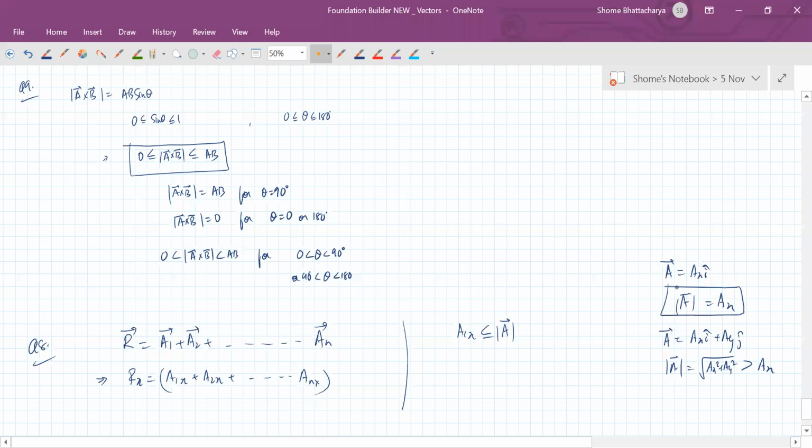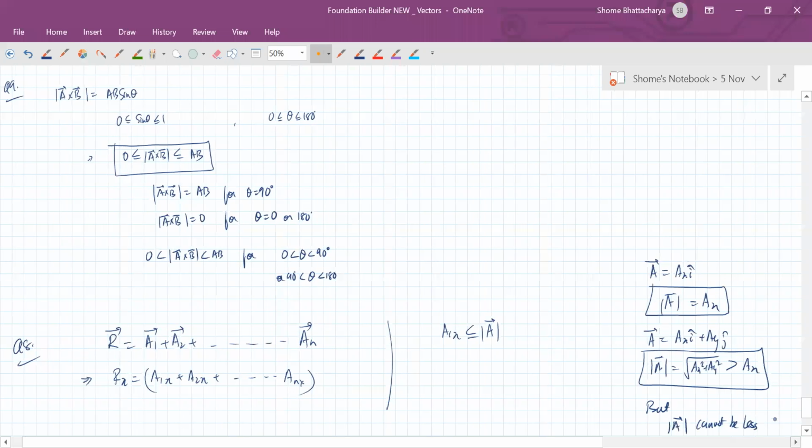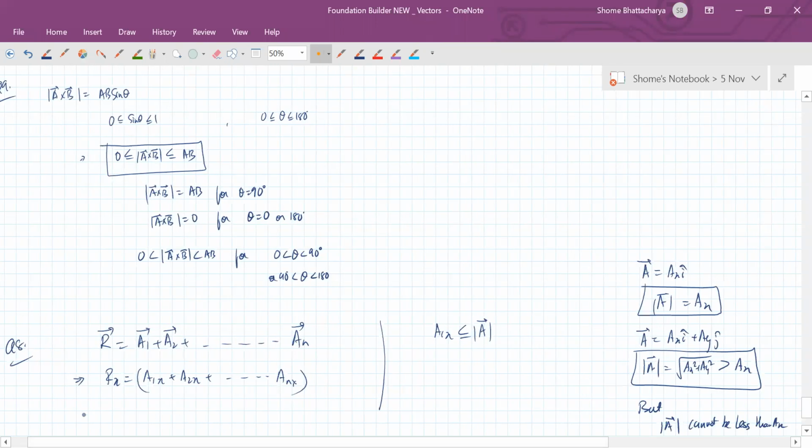So it can be equal to, can be greater than, but the magnitude of a cannot be less than its x component. Right? So that means Rx is less than or equal to the sum, because each of these is less than or equal to the magnitude of the vector.